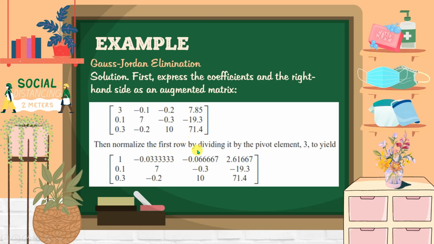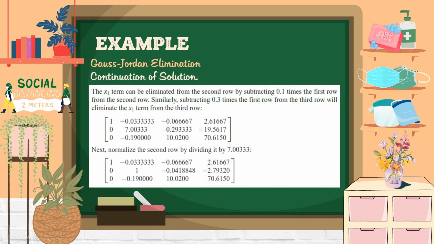Then normalize the first row by dividing it by the pivotal element 3 to yield this given equation. The x sub 1 term can be eliminated from the second row by subtracting 0.1 times the first row from the second row. Similarly, subtracting 0.3 times the first row from the third row will eliminate the x sub 1 term from the third row.